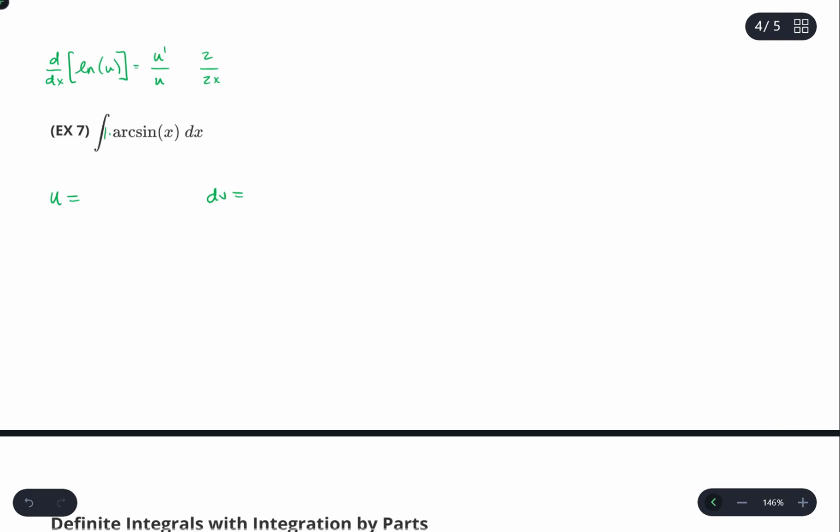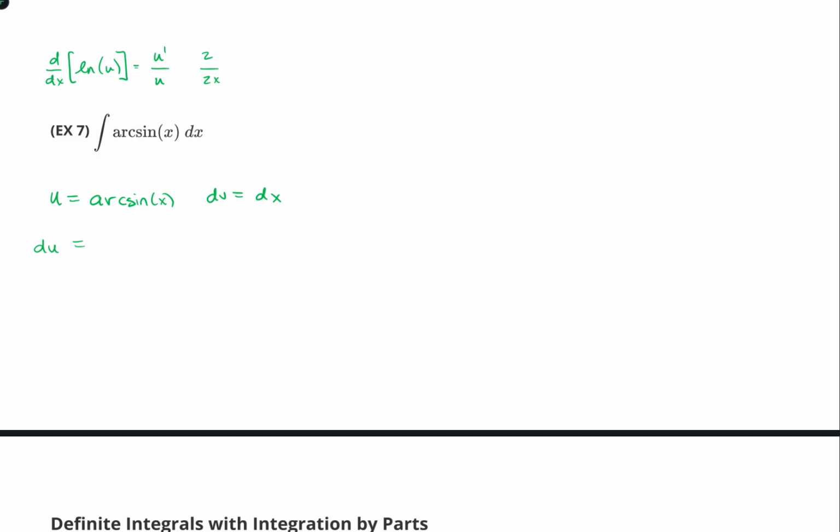But in this case, according to ILATE or LIATE, whichever you're using, inverse trig functions come before algebraic. So we could pick u to be the arcsine of x, leaving dv to be just dx. Now du, this is a formula that you have seen from Calc 1.